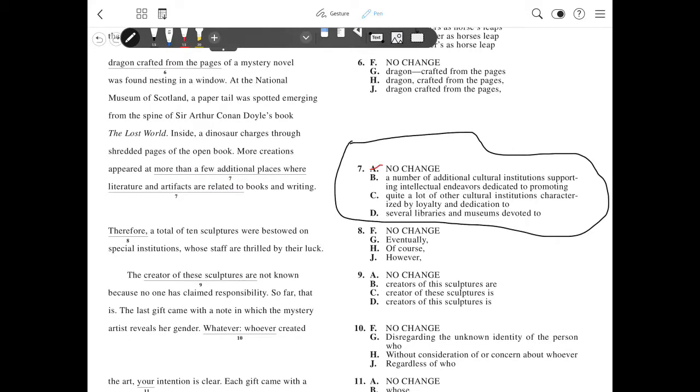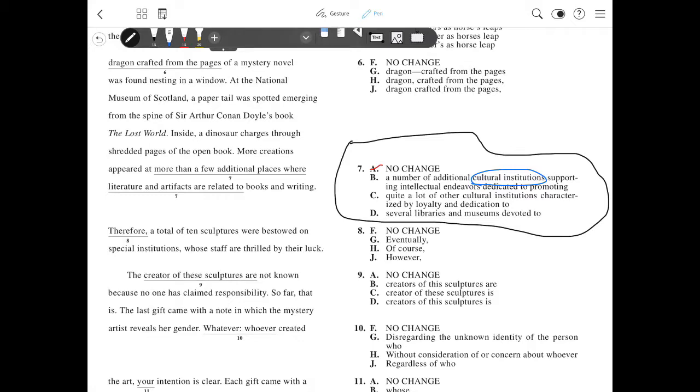I'm going to read the sentence with option B. More creations appeared at a number of additional cultural institutions supporting intellectual endeavors dedicated to promoting books and writing. Now, when you read that sentence, it's very word heavy and it sounds maybe a little too descriptive. They're saying cultural institutions right here. What exactly do they mean by that?